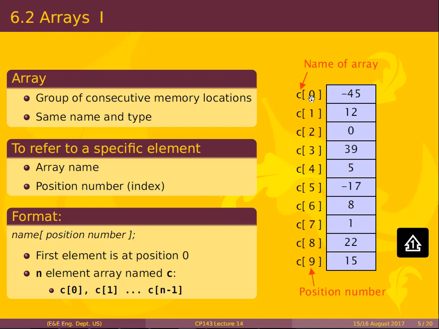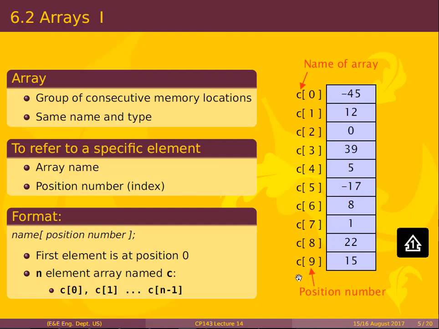In C we call it indexing: we index the array starting from element 0, and then go element 1, 2, 3, 4, 5, 6, 7 to n minus 1. Not C10 for array element 10, C9 for array element 10.